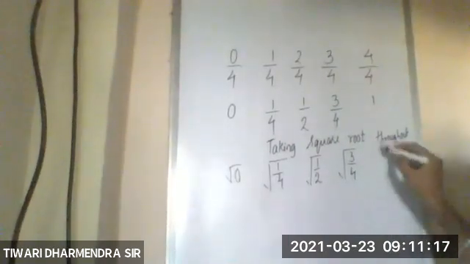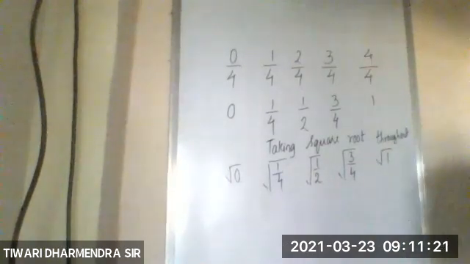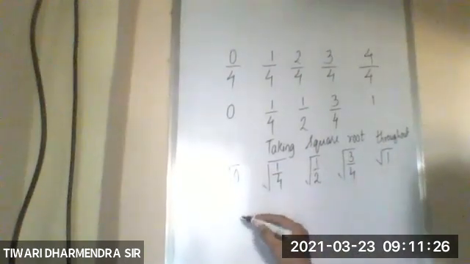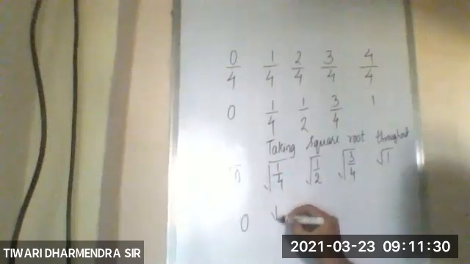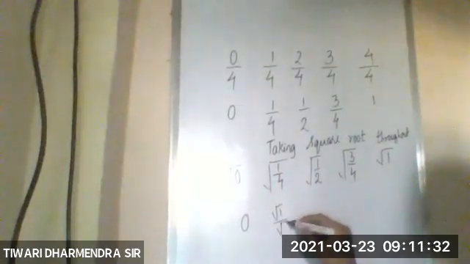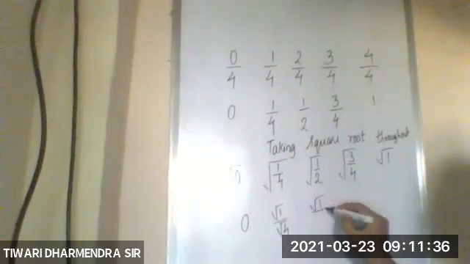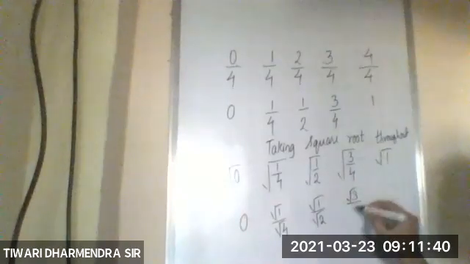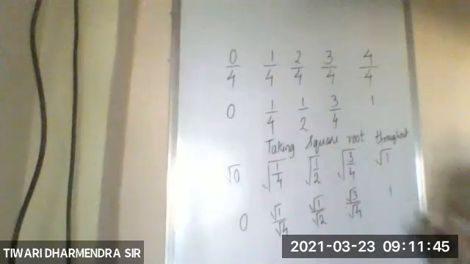As you have done this earlier, not a difficult story for you. Square root of 1. So now, square root of 0 is 0. You can write this as square root of 1 upon square root of 4. You can write this as square root of 1 upon square root of 2. You can write this as square root of 3 upon square root of 4. You can write this as square root of 1 is 1. So no issues.